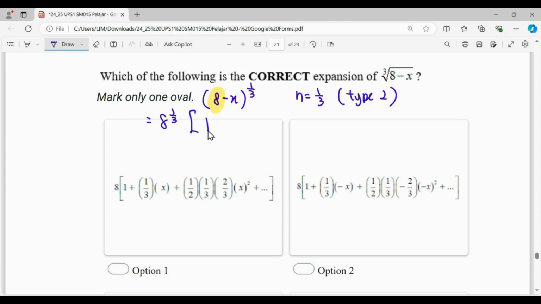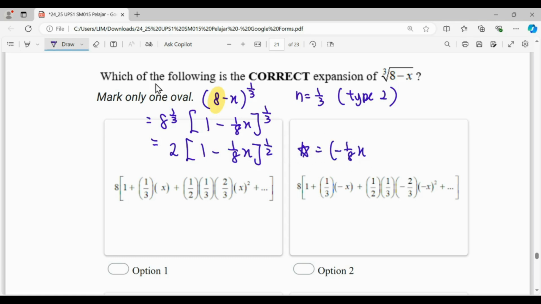When we take out 8, here is 1. When we divide by 8, it will be 1 over 8 x, power of 1 over 3. Then 8 to the power of 1 over 3 is equal to 2. Now only we can start to expand this, where our star here is negative 1 over 8 x.